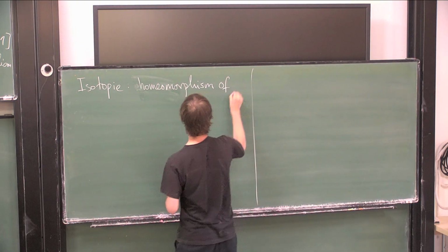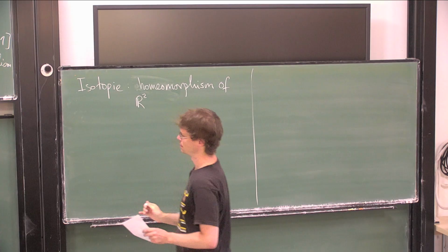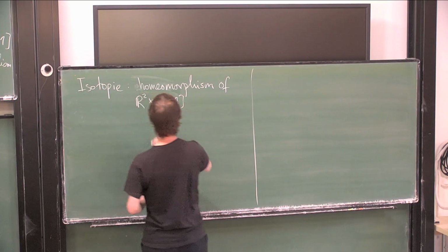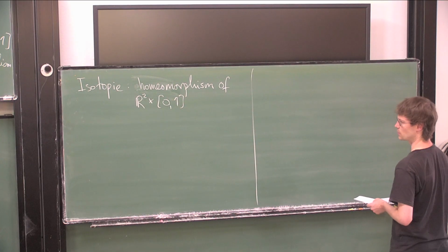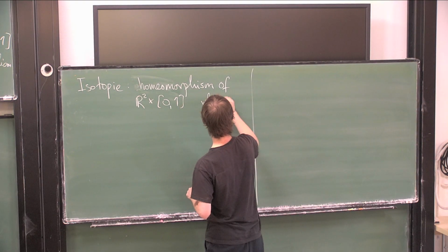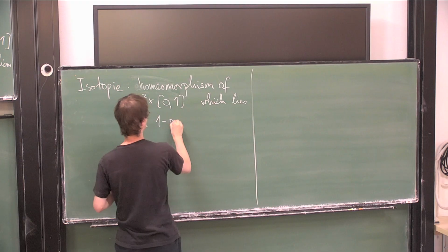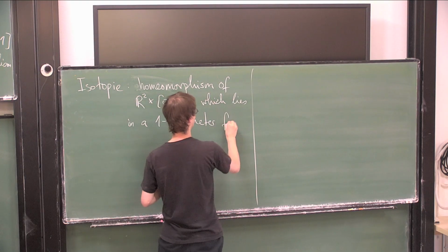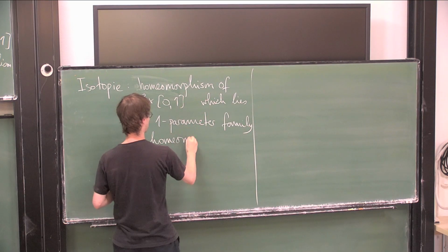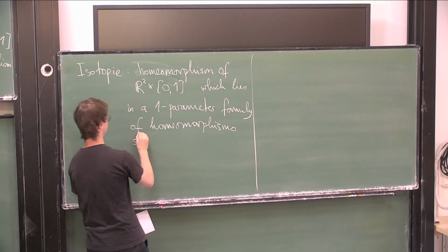of the space, so we are always in this slice of R2. A homeomorphism of R2 which lies in a one-parameter family of homeomorphisms, starting from the identity.